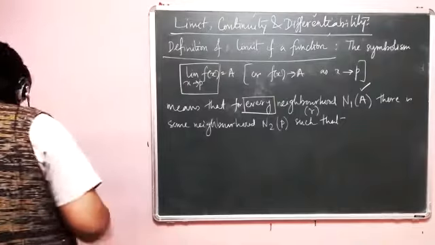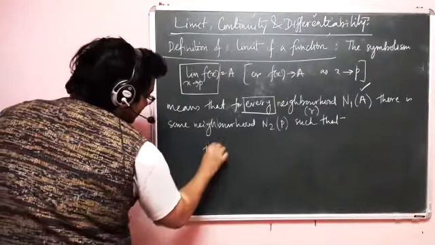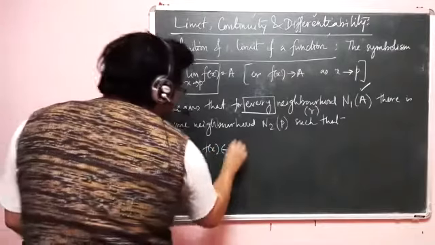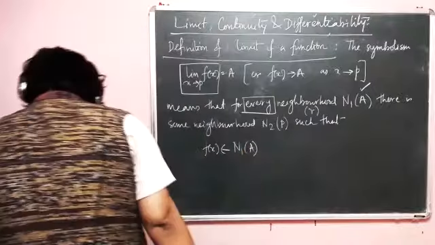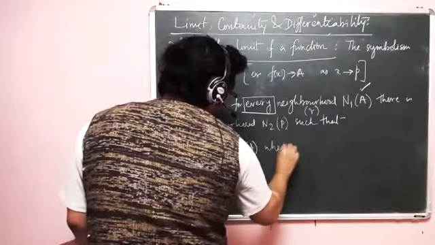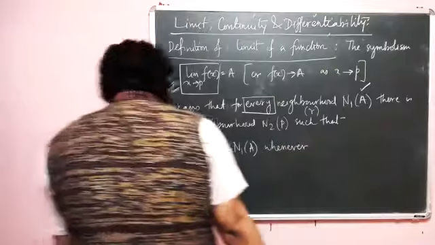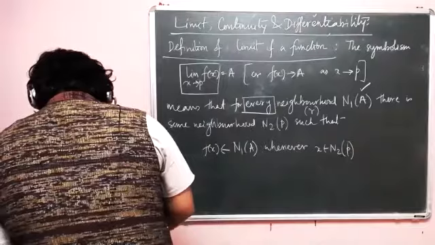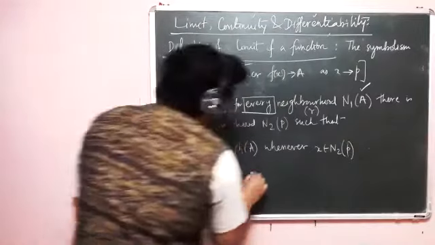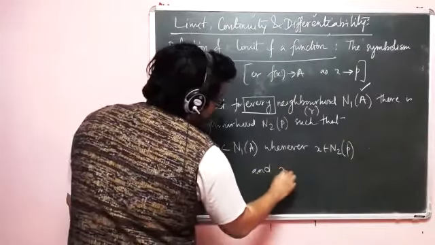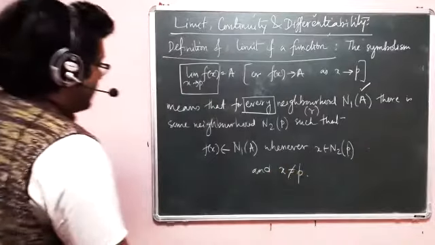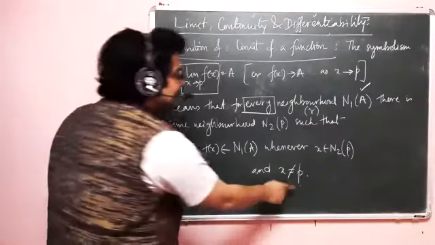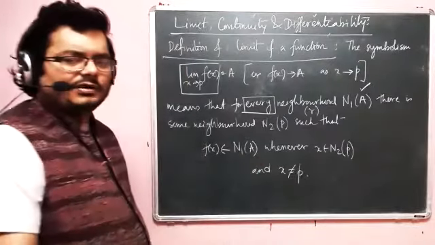Such that f(x) belongs to N1(A) whenever x belongs to N2(P), and that is the most important thing, and x does not equal P. That means if you find that at x equal to P this is happening, that doesn't carry any point for you.